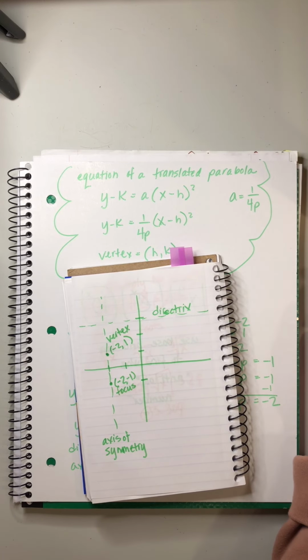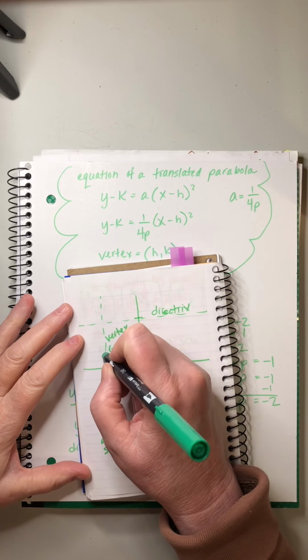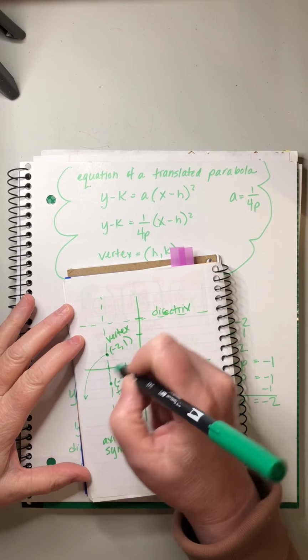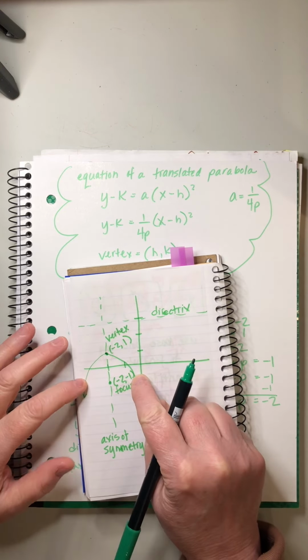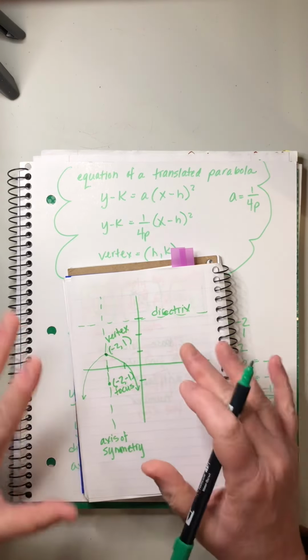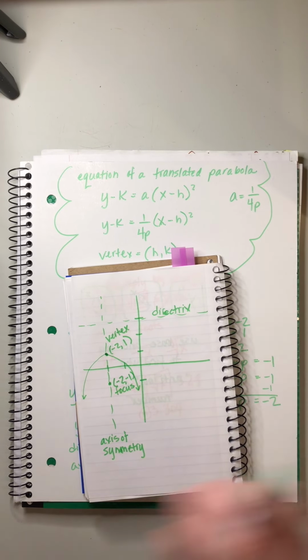I think we've got it. Yep, that looks good. So now what I can do is from the vertex, I want to go down. And we're not worrying here about getting an extra point or anything like that. We're just using the information that we have. And that looks pretty much like the picture. I'll show you the picture.